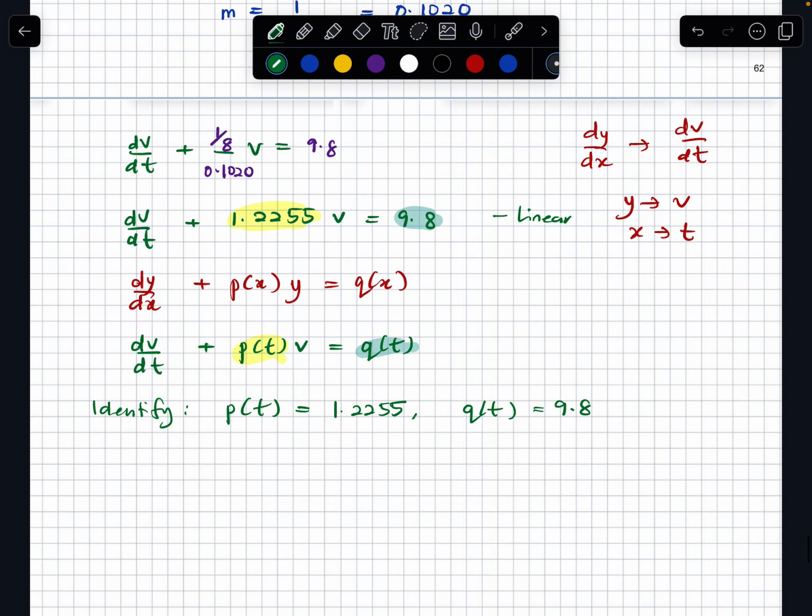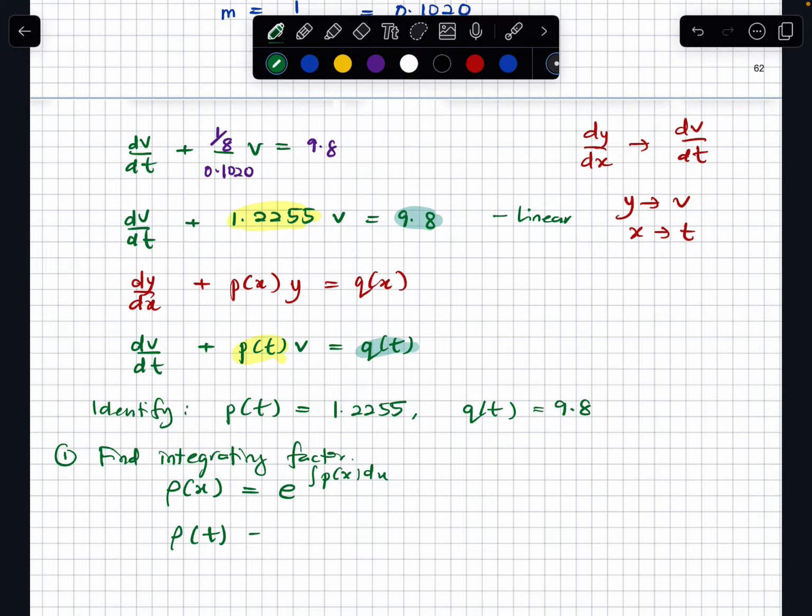So the first step in the linear technique is to find the integrating factor. The integrating factor is given by the formula rho(x) equal to exponent of the integral of p(x) dx, like this. So we replace the appropriate variables.